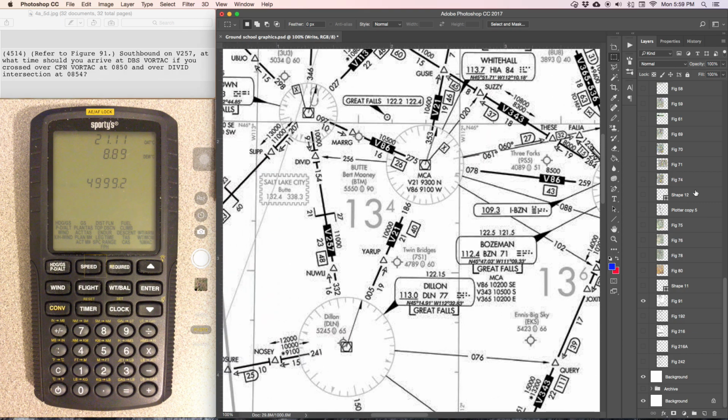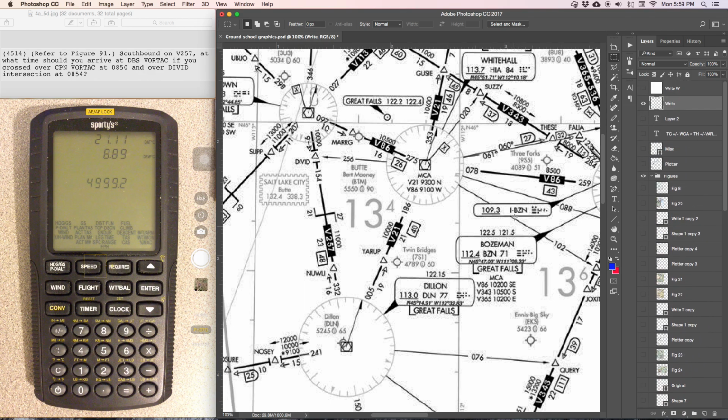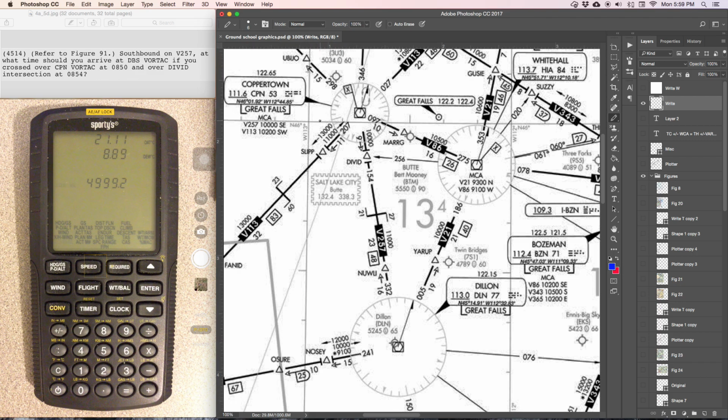So I'm going to zoom in a little bit, and what we can see is that we are given that we cross over CPN here at 850. And then we cross over DIVID at 854.